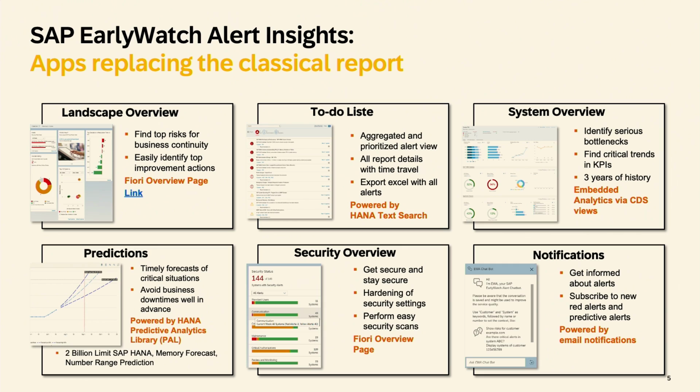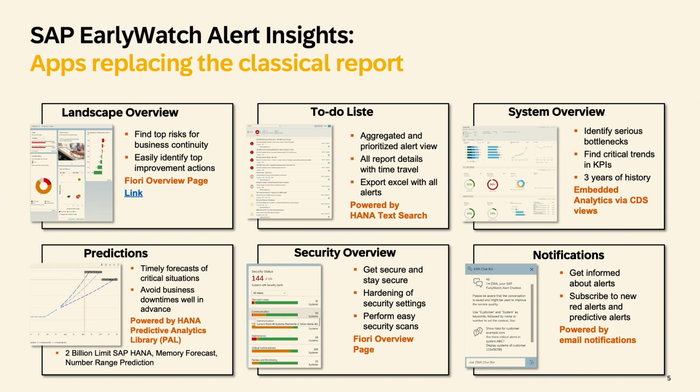There are different applications inside SAP for me. The first one is the landscape overview. This is when you open the URL to the EarlyWatch Alert workspace. You will see different cards on a Fiori overview page. One is, for example, the top systems. And they show as a bubble chart by number of users and the size of the database.